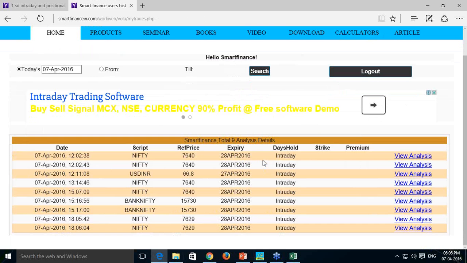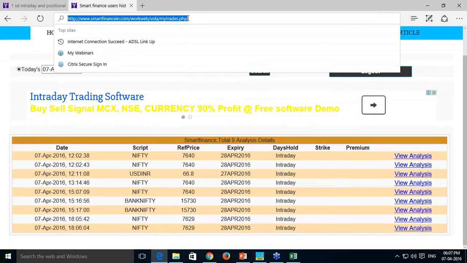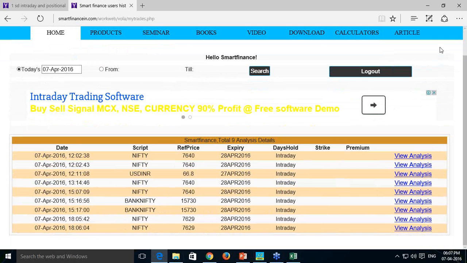Here we are giving some backup data so that you can preserve your trades and refer to them afterwards. Or if you have taken a reading and gone out of home, you can access this page, log in and see what levels you have calculated. So here you can check your old analysis also.